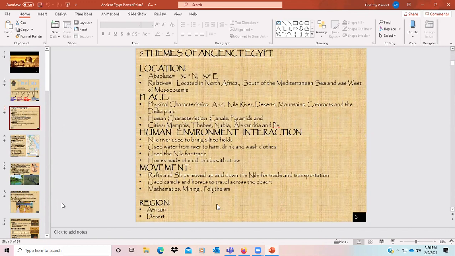Now, one of the characteristics, the themes of ancient Egypt, we talk about location. So in terms of location, we can say that ancient Egypt is located in North Africa, south of the Mediterranean Sea, and was west of Mesopotamia.